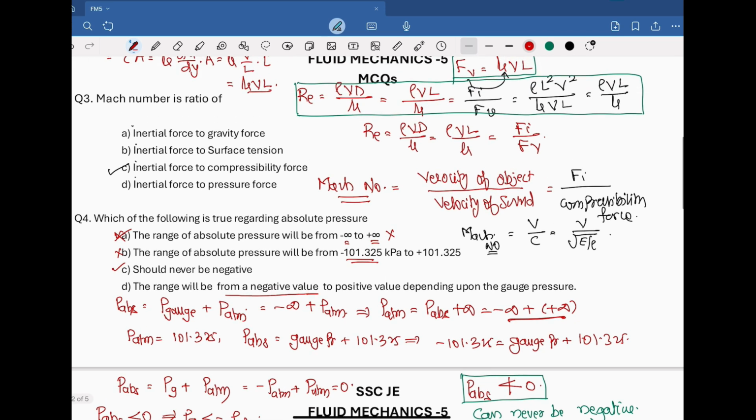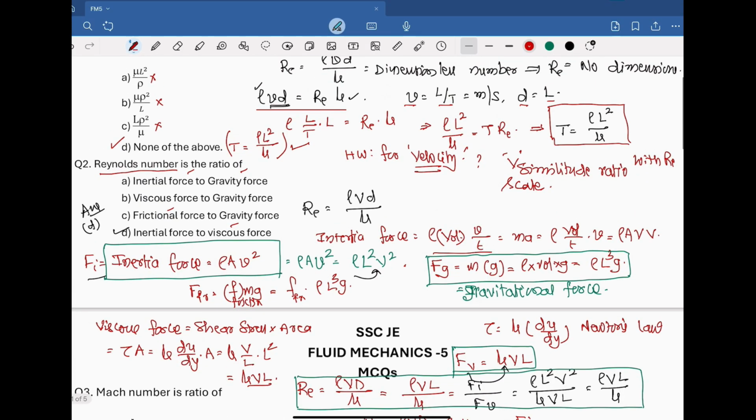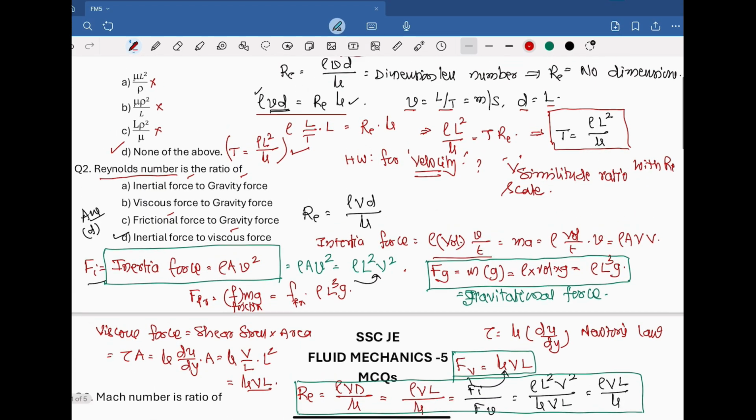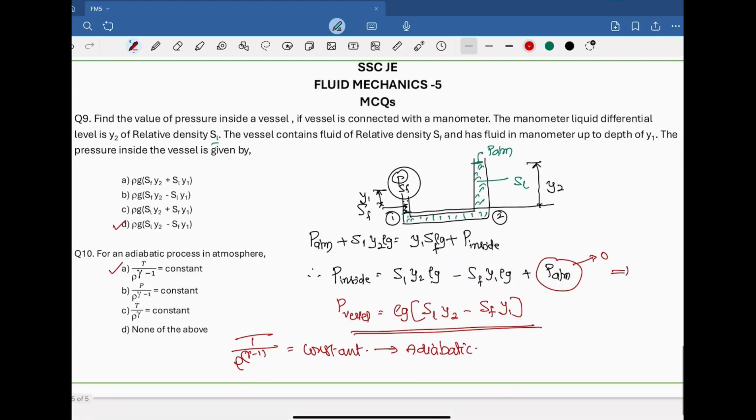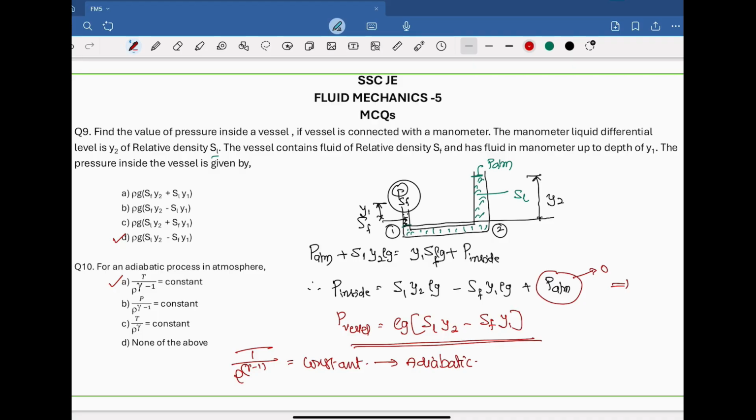And Mach number is regarding the sound. A sound pressure question was already given in 2024. Maybe a Mach number question can be there next year. We are not aware. It's the ratio of inertial force to compressibility force. And also Reynolds number is inertial force to viscous force, and similitude ratio. These are all nice problems. Please do them repeatedly.